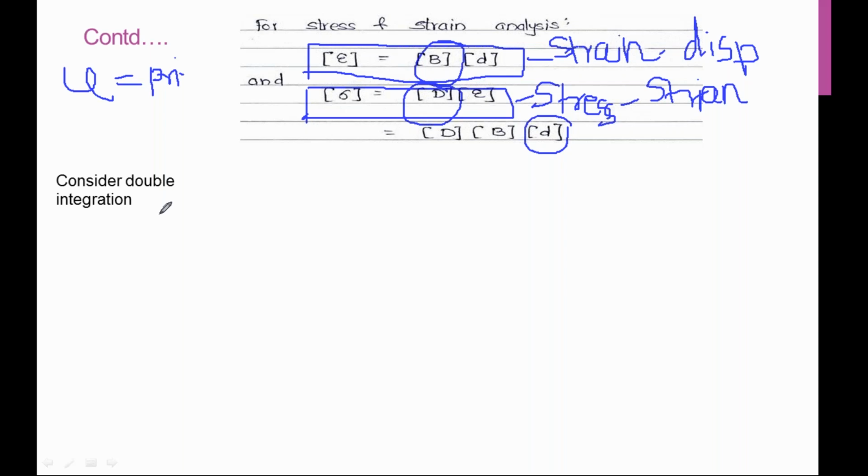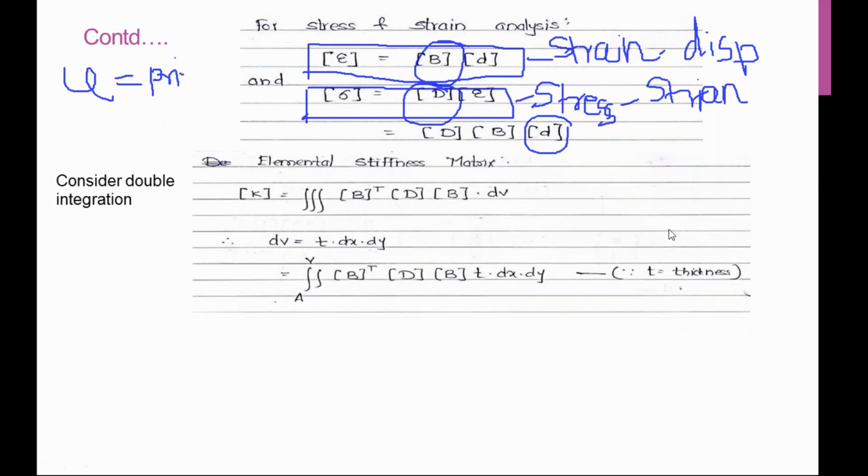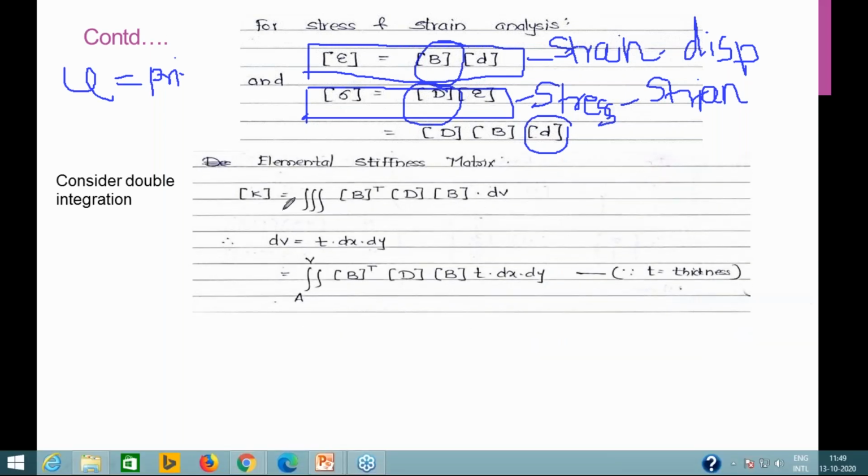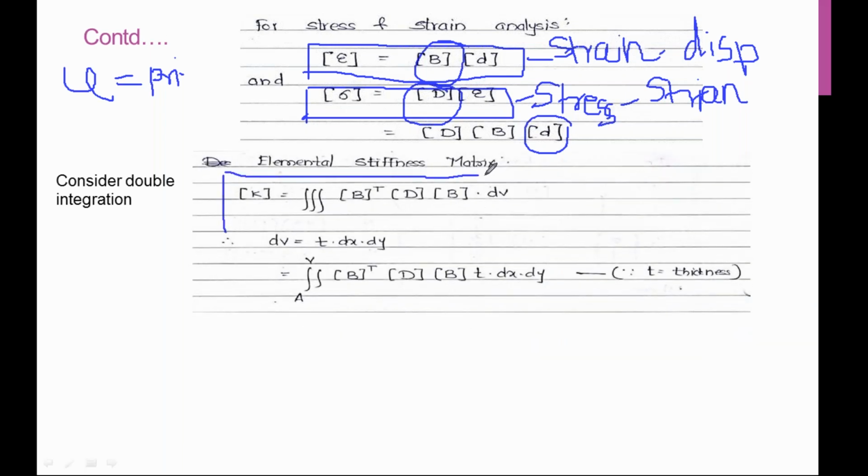You always solve the numerical for the displacement, the primary variable, and after that you put the value of displacement to get the strain, and after that you get the stress. So you just have to remember this equation, because if a short note on the isoparametric element is asked in an exam, then you have to write down the stiffness matrix also.